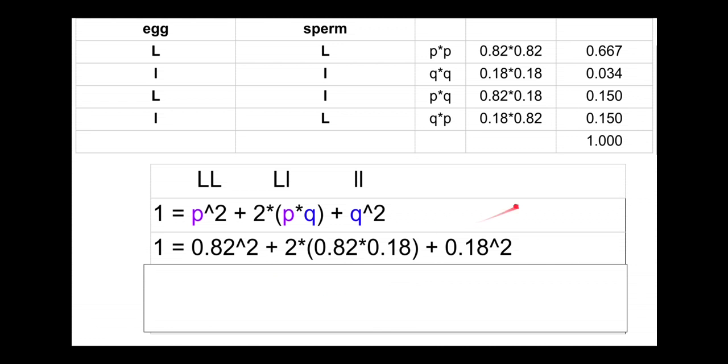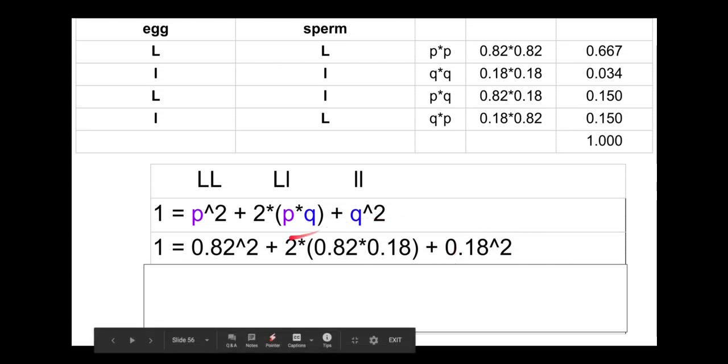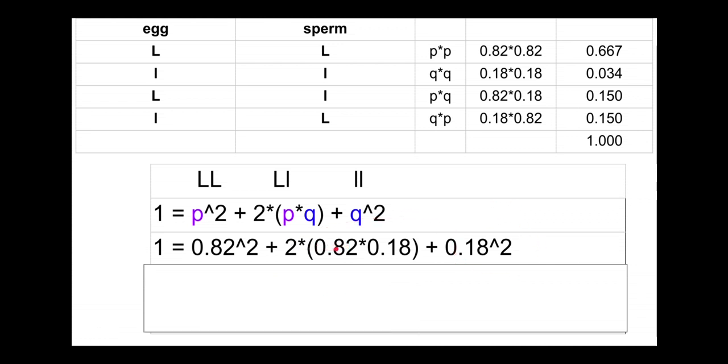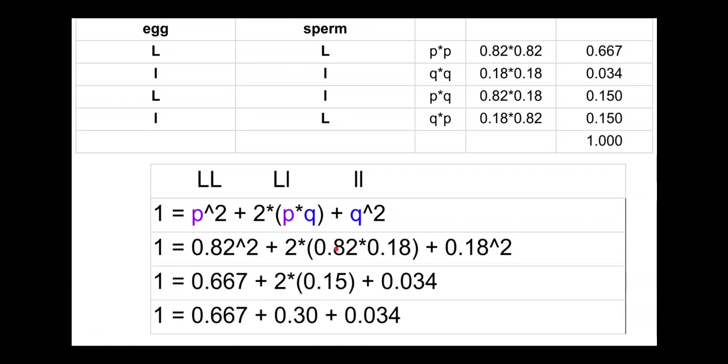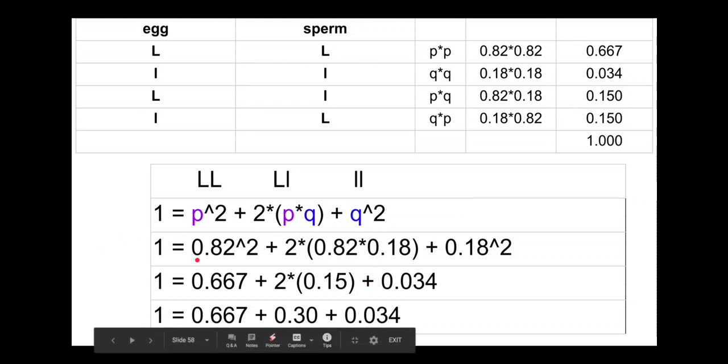Q is 0.18, so I have 0.18 squared. 2 times P times Q, 2 times 0.82 times 0.18. I can multiply those out, and I get 1 equals 0.67 plus 0.30 plus 0.034. That all equals 1.